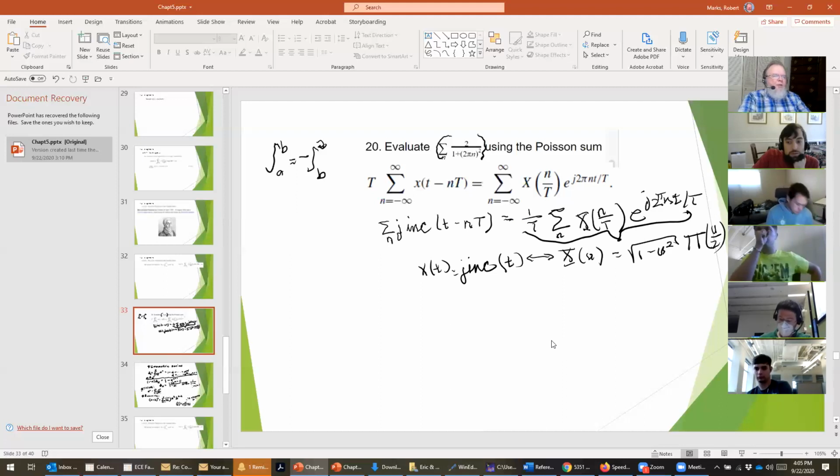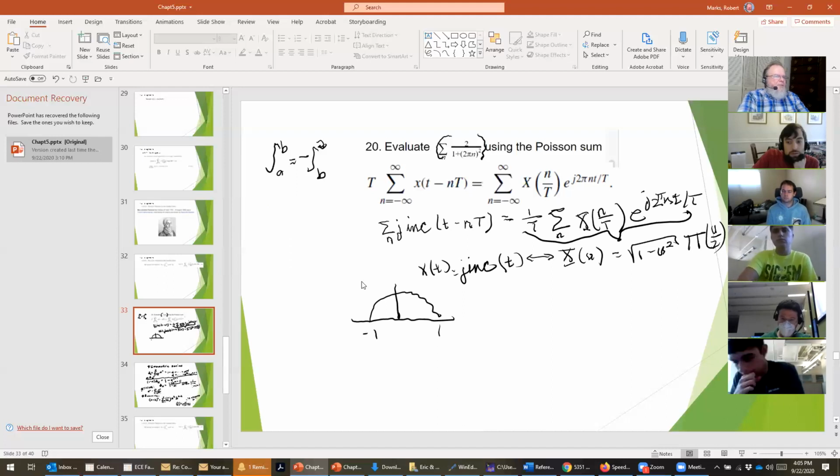So we need to evaluate this. And I didn't realize it when I assigned it, but this is an incredibly simple, interesting problem. Because 1 minus u squared looks like a circle, right? From -1 to 1. And so this is the X of u.